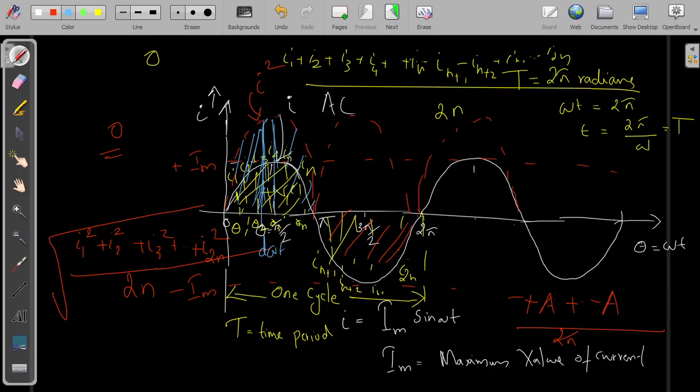Okay, and the base is 2 pi. Right, so we will get the integral 0 to pi.